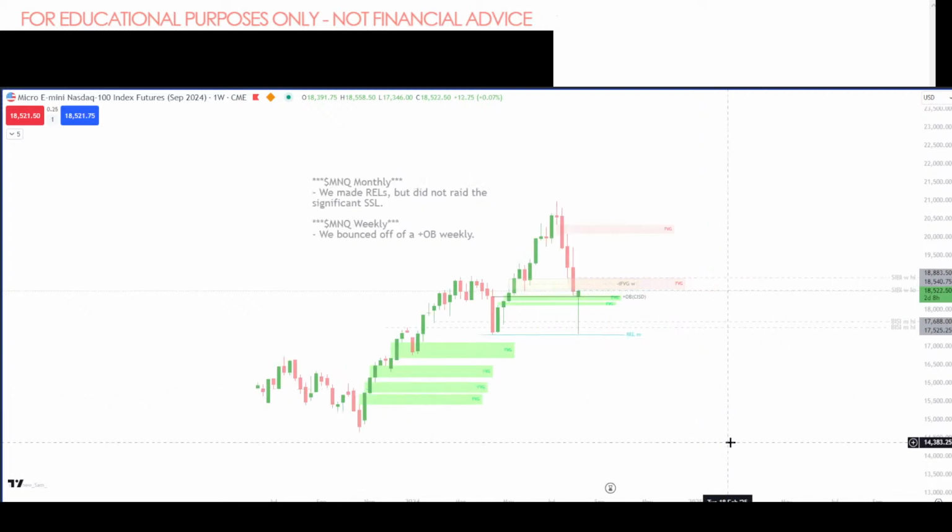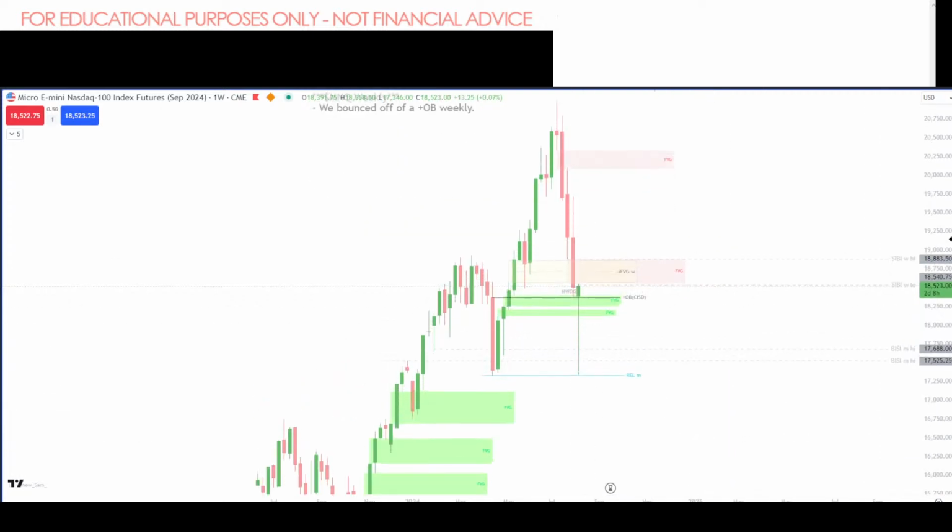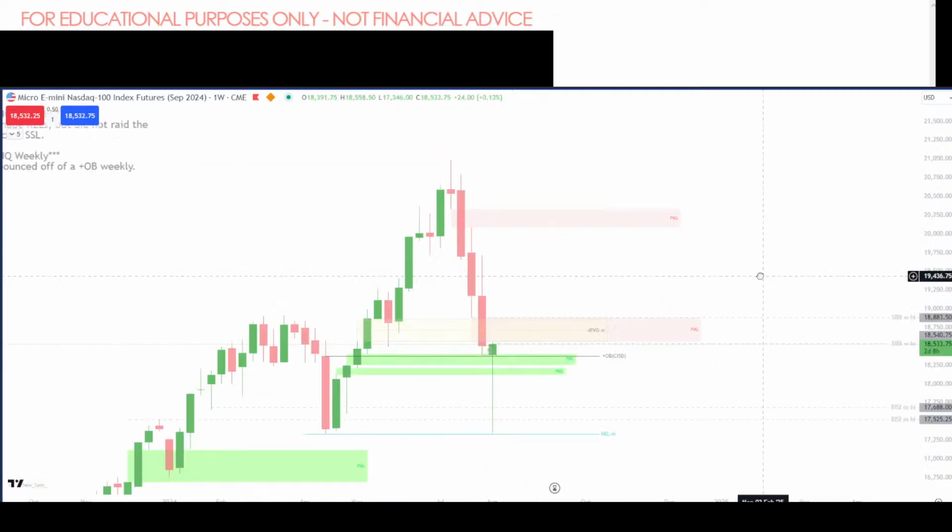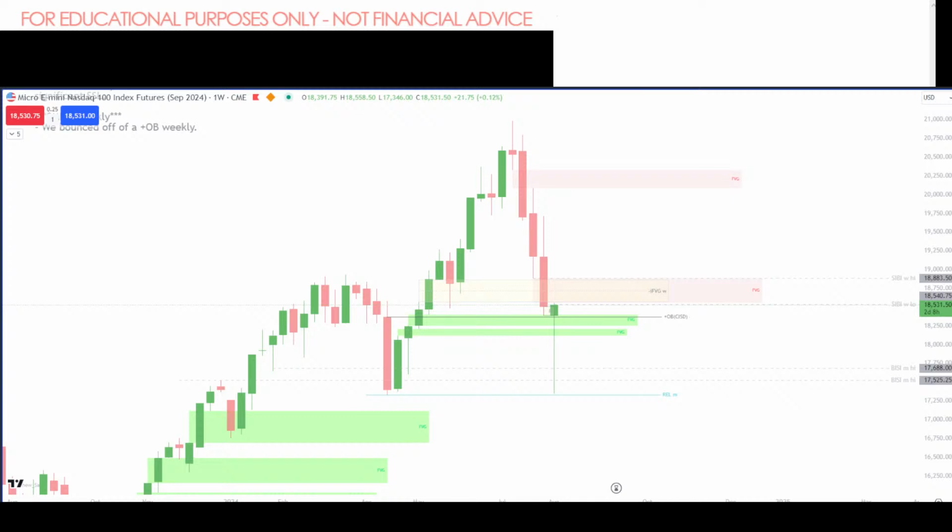All right, what else could we notice here? So we're coming back up and testing this inversion fair value gap on the weekly. We do have a weekly volume imbalance over here. Let's mark off the weekly volume imbalance.